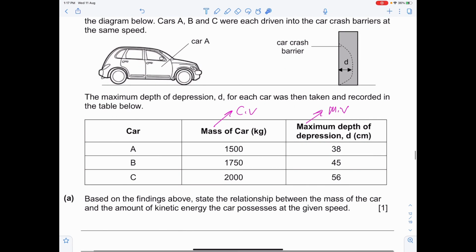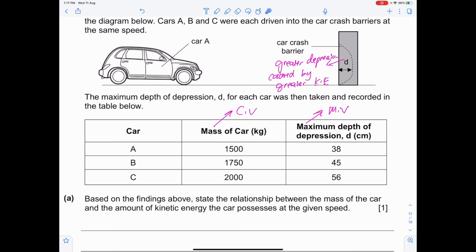So you should be able to understand that. Because the greater depression is caused by greater KE, it also means that a greater KE is related to a greater mass.